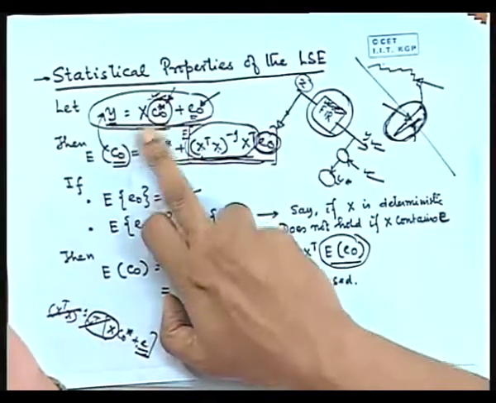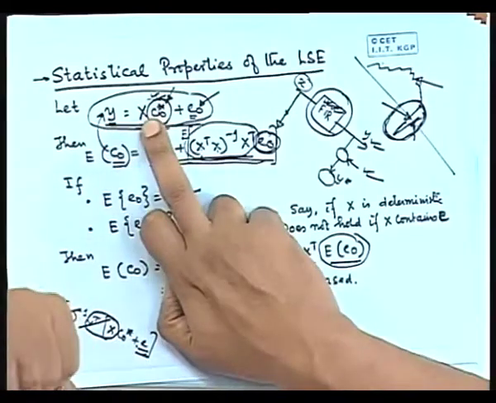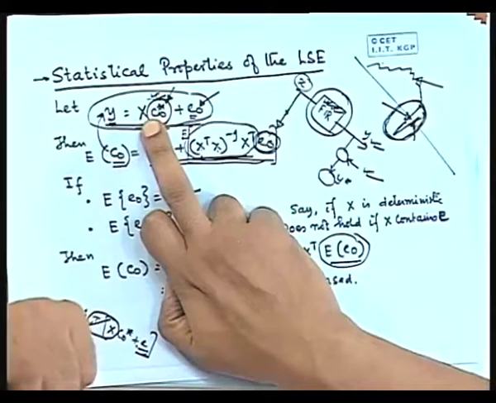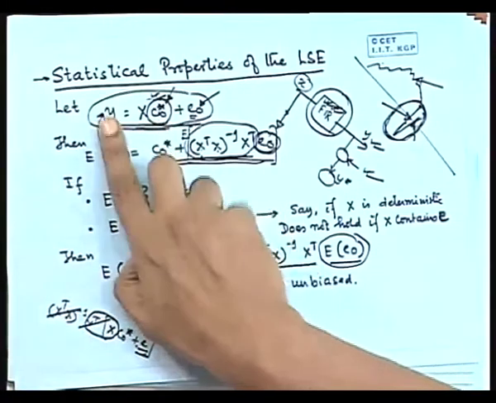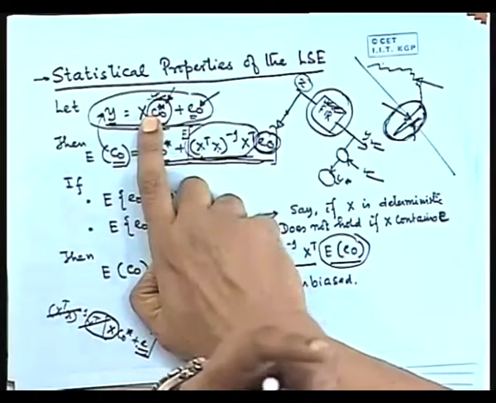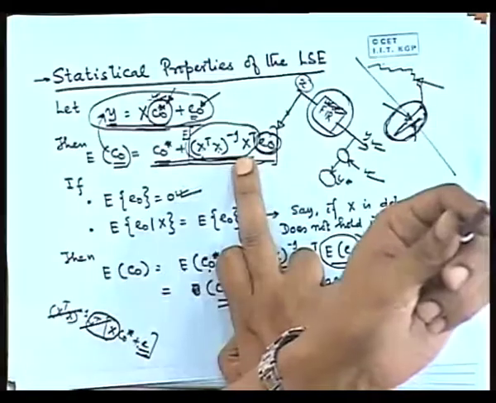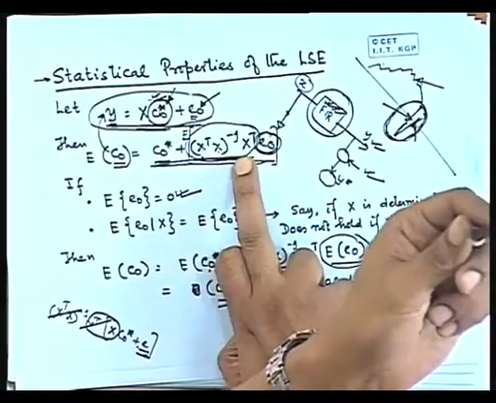Especially, when we are using this kind of a model, sometimes we use an autoregressive model. That is, X contains past samples of Y. Now Y contains E. So the past samples of Y also contain the past samples of E. Now if the past samples of E and this sample of E are correlated, that is, they are not white, then you cannot write this.